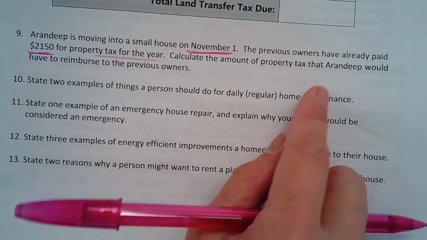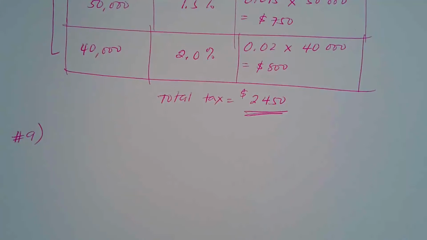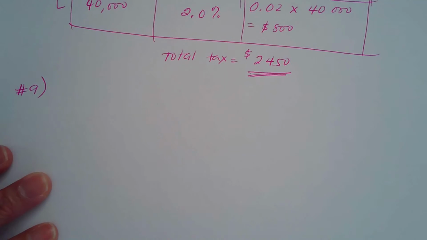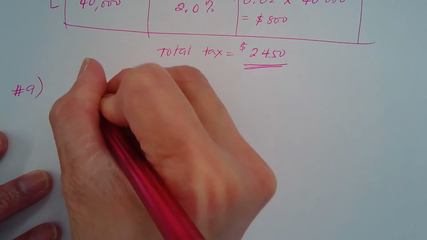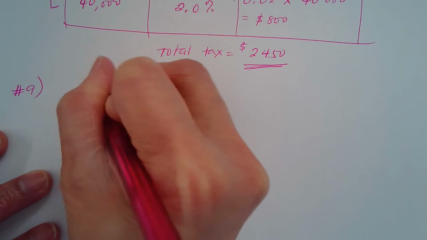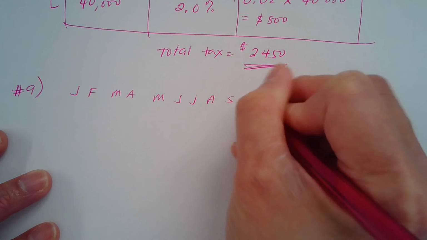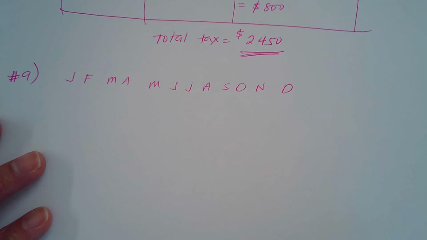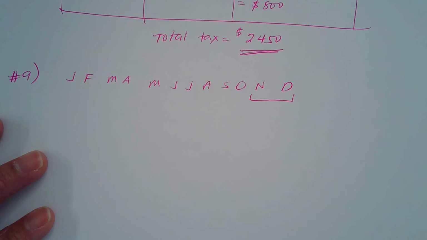The old owner paid it for the whole year. So what we need to do, because I wrote this down last time: January, February, March, April, May, June, July, August, September, October, November, December. The people are moving November 1st. So this is the new owner.